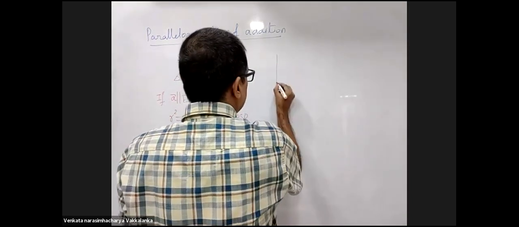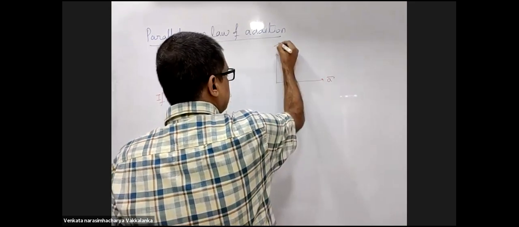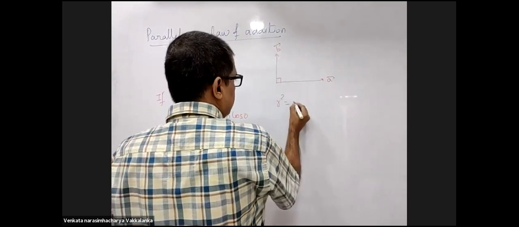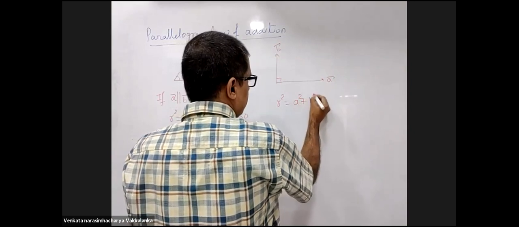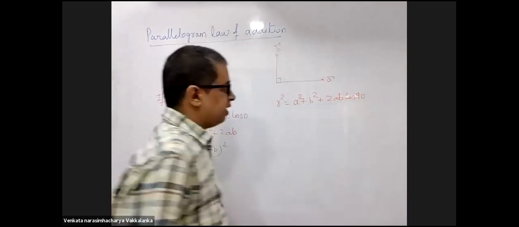What if two vectors are perpendicular, A and B? R square is A square plus B square plus 2AB cos 90.